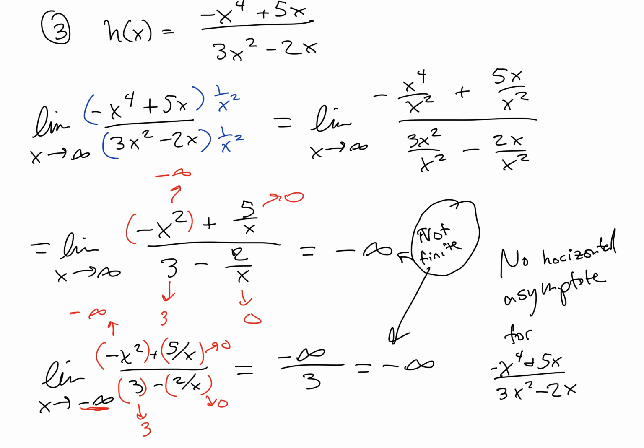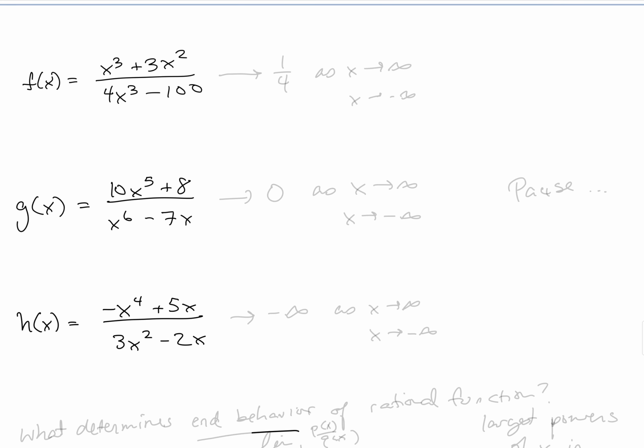So I asked you to think about whether there might be a shortcut for thinking about the limits as x goes to infinity for rational functions. Let's just summarize what we saw before. When we looked at the first example, x cubed plus 3x squared over 4x cubed minus 100, we saw that this goes to 1/4 as x goes to infinity, and also as x goes towards negative infinity.